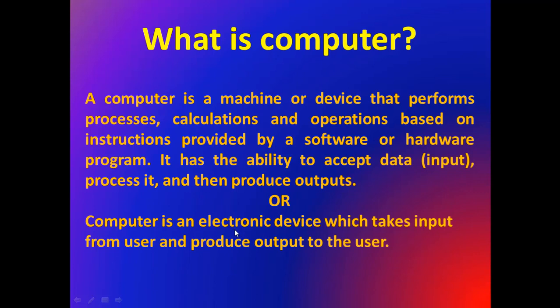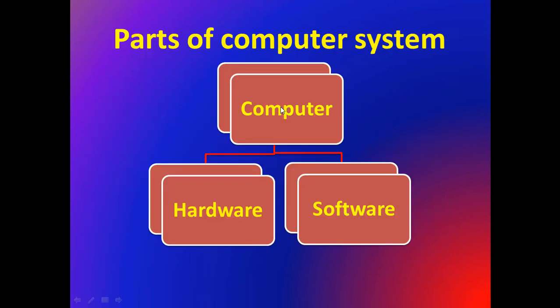If you press any key on the keyboard, we are giving input. Suppose we press A, after pressing A your monitor prints A, so that is your output. Students, we only have to give instructions to the computer. After that, the computer works on that.